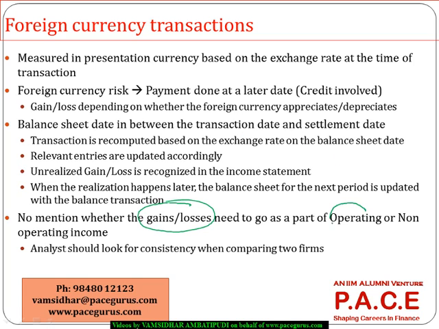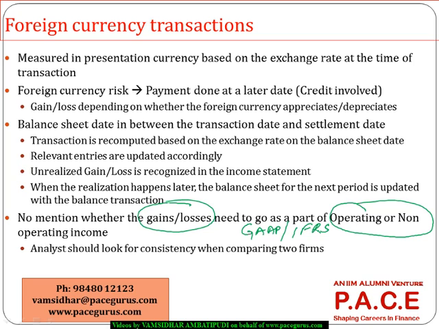But should they go as a part of operating or non-operating income? Because no clarity is given, even as a part of US GAAP or IFRS, as to where these elements should typically go.